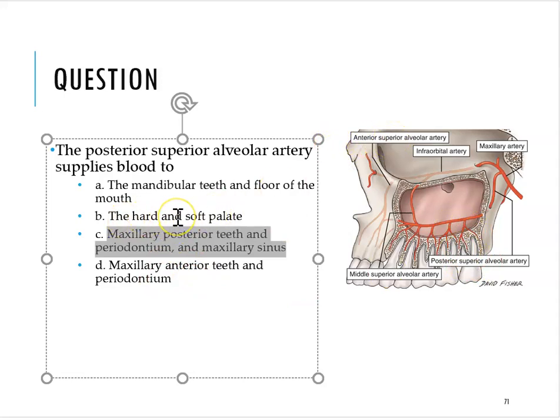The hard and soft palate, that's the greater palatine and the lesser palatine arteries. And the mandibular teeth and floor of the mouth, well, that is the inferior alveolar artery, which enters into the mandibular foramen. So this one is the posterior superior alveolar artery, and you can see right here it is hitting the back teeth, the maxillary posterior teeth, the top back teeth.